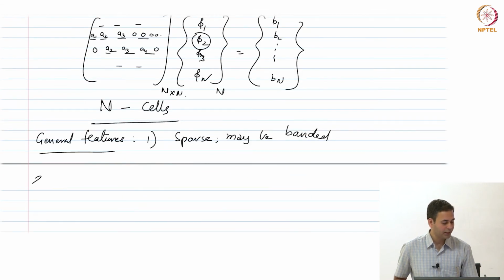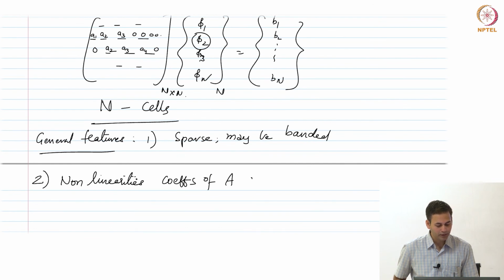Another characteristic is that the coefficients themselves, these A1, A2, A3 and so on, may not be fixed for the entire solution process. For example, if you have non-linearities, then the coefficients of A are updated as you are solving.